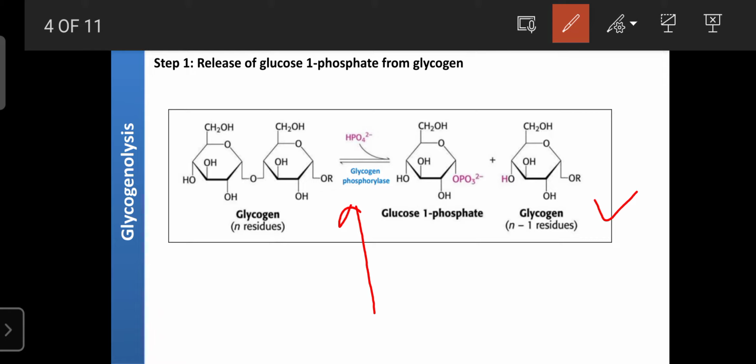These glycogen chains have about 8 to 12 residues. Step by step, one molecule can be released or broken down under the influence of glycogen phosphorylase by the addition of phosphate. This reaction is actually a phosphorolysis. It is not a hydrolysis.